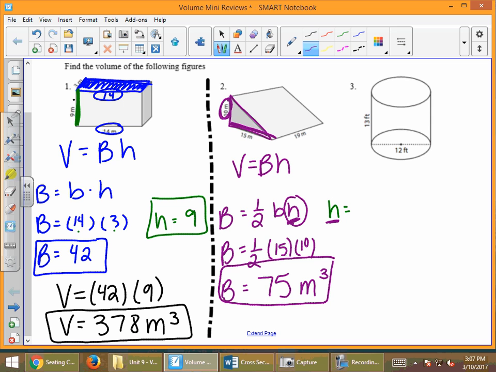It is always cubed when finding volume. Again, that is not our answer, that's just the area of our base. Now you have to find your h, which again is that third number you have not used yet. We already multiplied 10, we already multiplied 15, so our height is going to be 19.